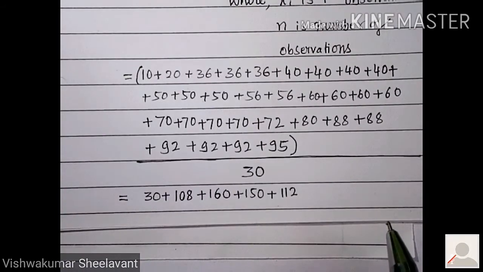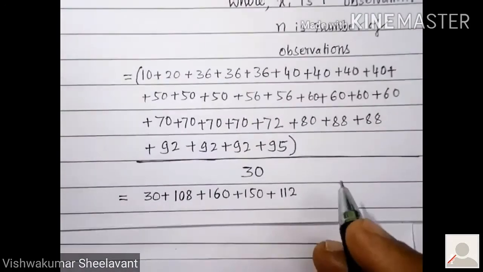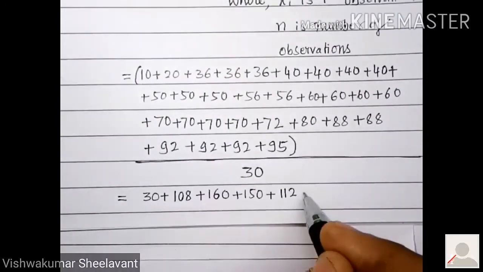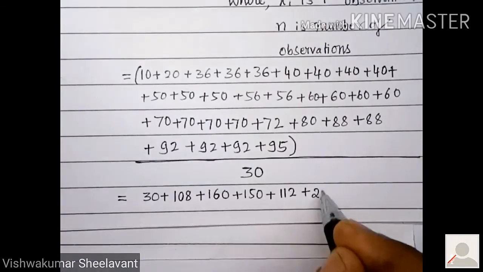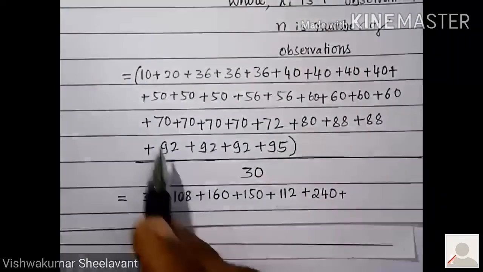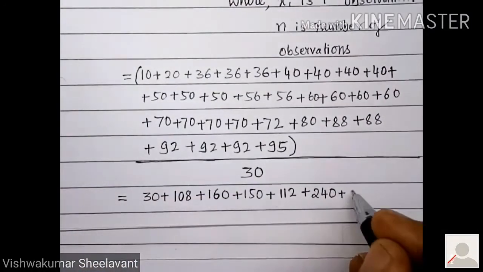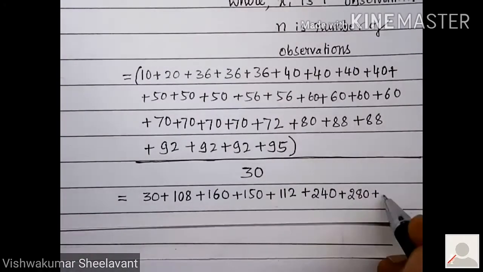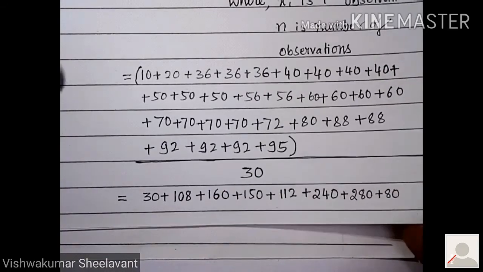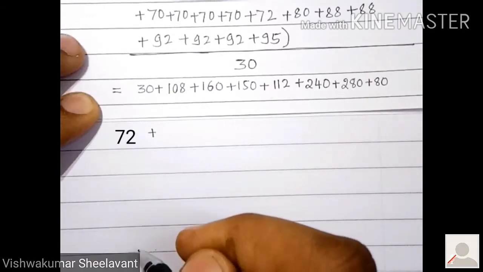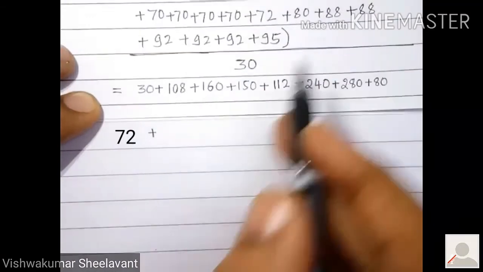It will become 112. 60 is 4 times. The summation will be 240. 70 is 4 times. We'll get 280. 80 is only once. 88 is 2 times. 88 2s are 176.